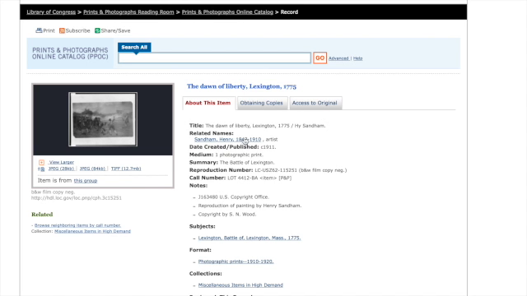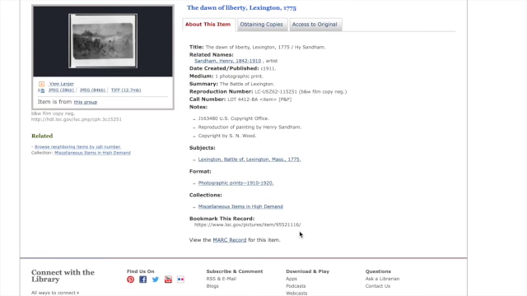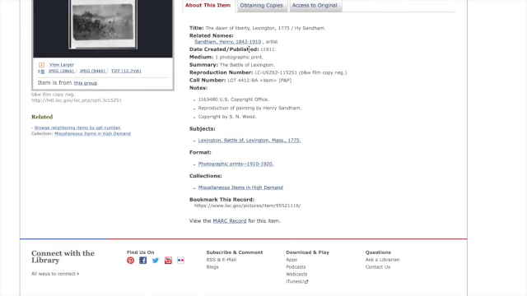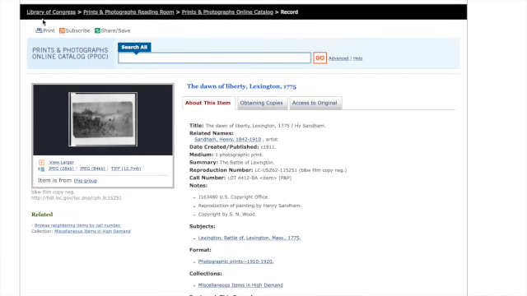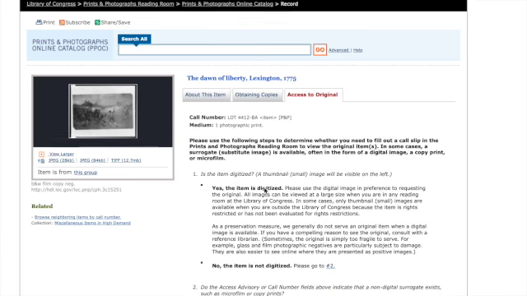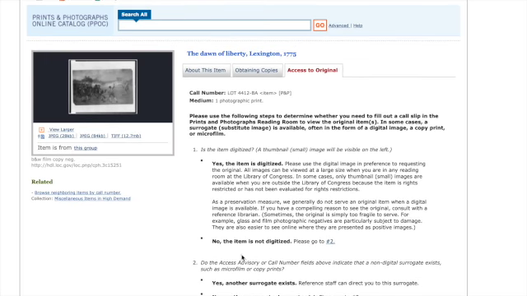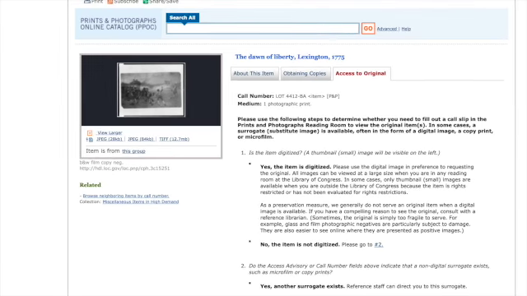It was made in the 1800s, and then it was on the 1775. So if you're looking at it, it talks about more from the Library of Congress. It gives you where the original is. So items digitized. Let's go back real quick.